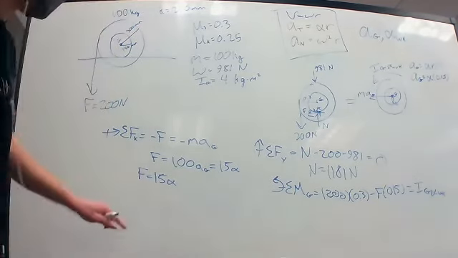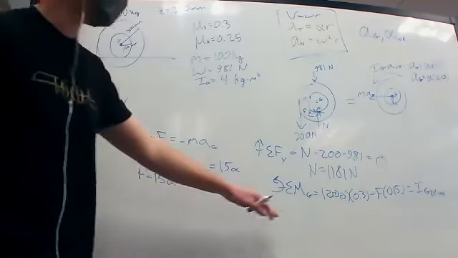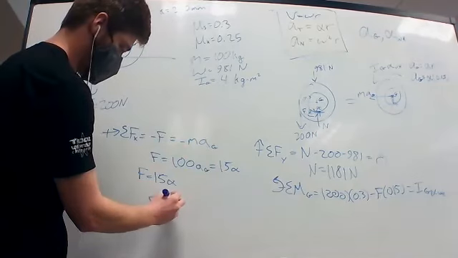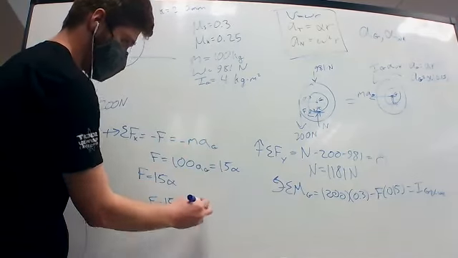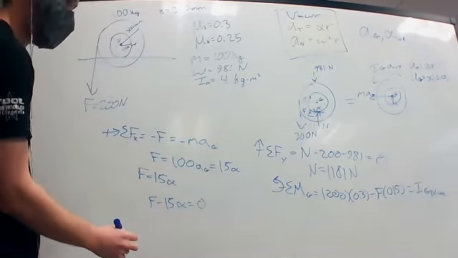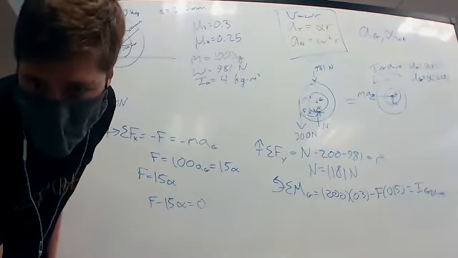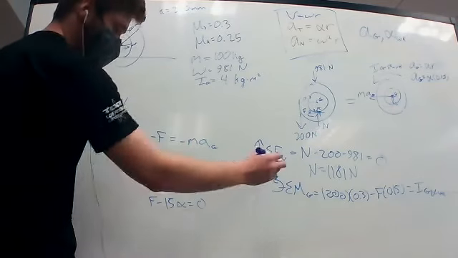So then they set up the X equation and the moment equation: F minus 15 alpha equals 0, and 0.15 F from there.